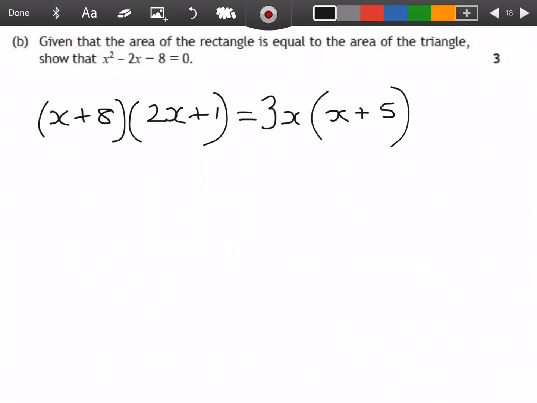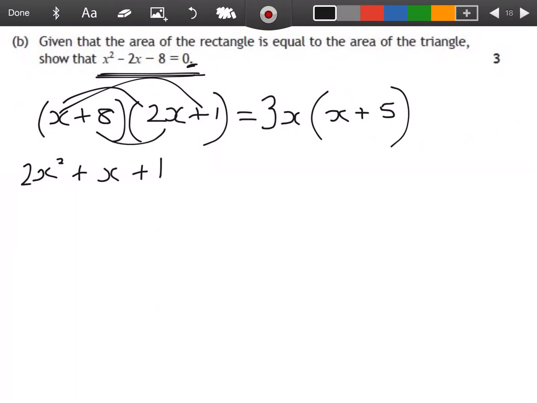Now that looks nothing like this quadratic trinomial, right? You'll notice on the right hand side it's equal to 0, so we really need to put everything equal to 0. But what we really should first of all do is multiply out all the brackets, okay? x times 2x, 2x squared, plus an x, plus 16x, plus 8.